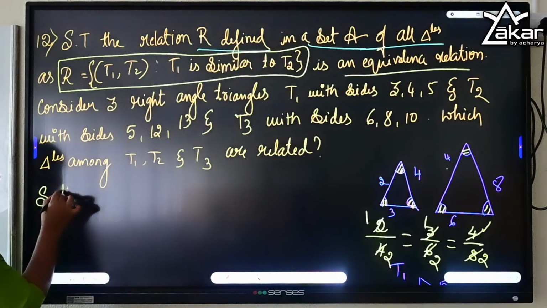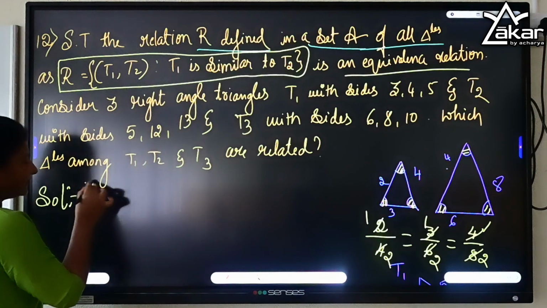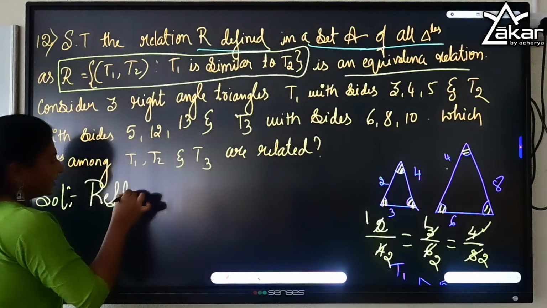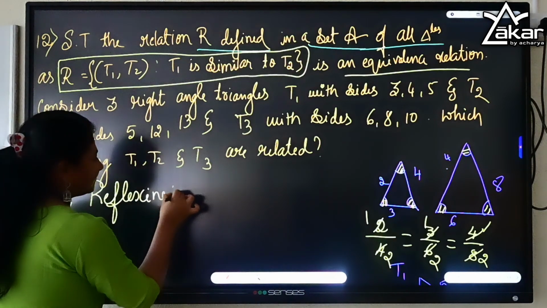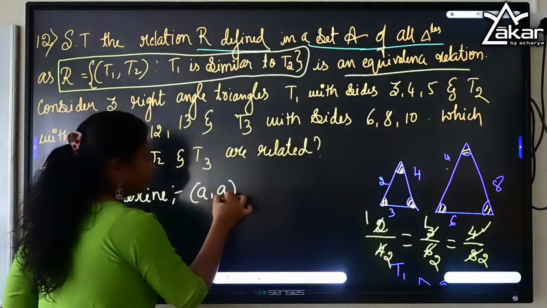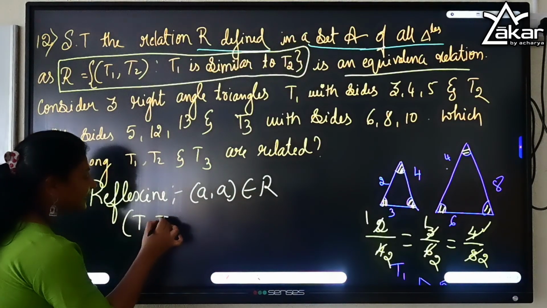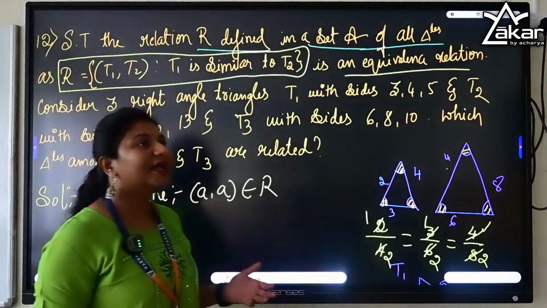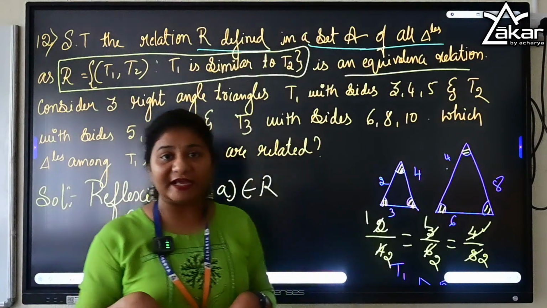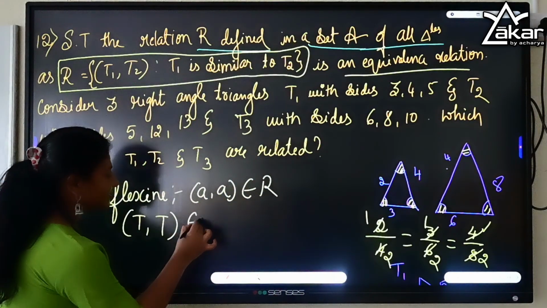So what does the solution say here? For the reflexive, if A comma A belongs to R, then we can say T comma T, that is any triangle with itself, has its reflexive, which belongs to R.